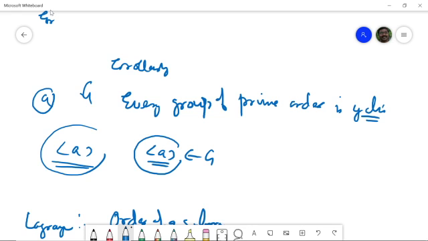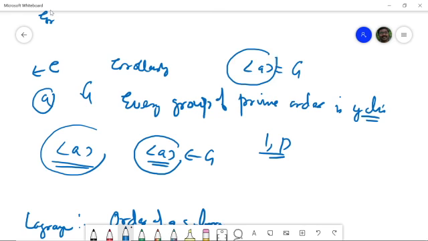But G is of prime order, so the only factors of a prime number are either 1 or the prime itself. So if you take an element a which is not equal to the identity in G, the subgroup generated by that element will actually be G, because otherwise the order of this subgroup should divide the order of G, but the order of G is prime, so the only factors are either 1 or p.